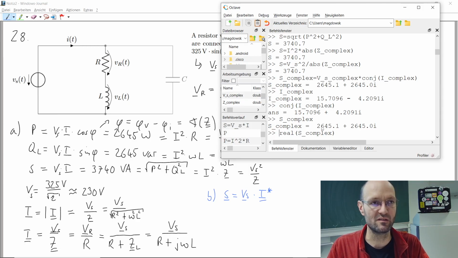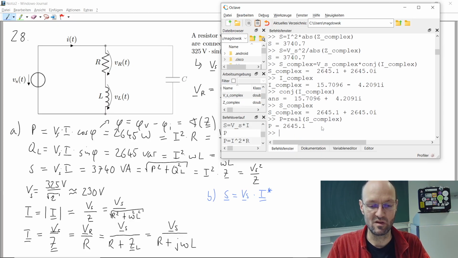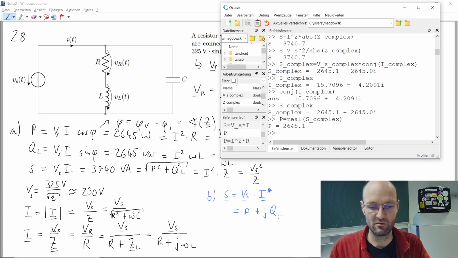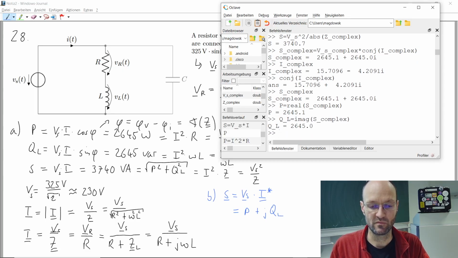It's the same as the real power, the same as P. Yes, we had calculated P before. So I could say, okay, it's P plus jQL. If we take the imaginary part of this, we get the same as the reactive power.